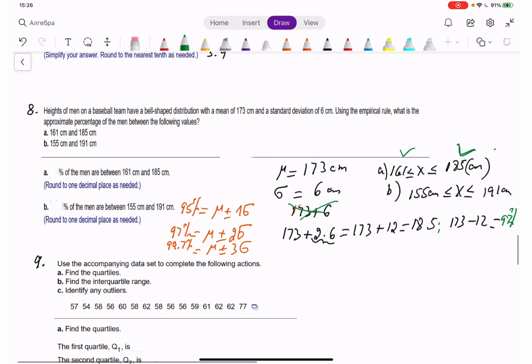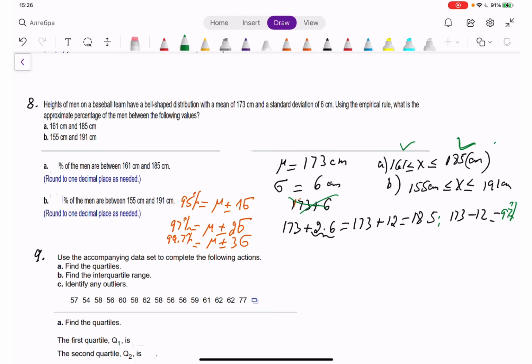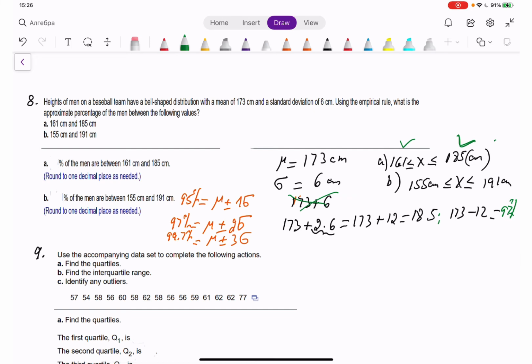And for the B case, let me change the color. I will use blue color so you can know this is for B. So for A, it is going to be 97%.